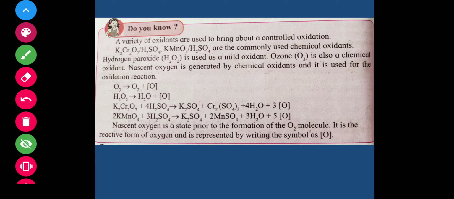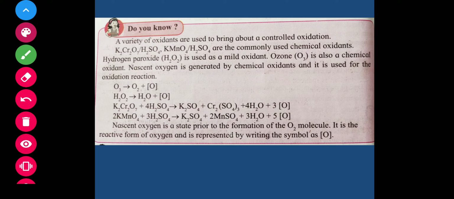See children, O3 gives O2 plus O, H2O2 gives H2O plus O, potassium dichromate also gives nascent oxygen, and potassium permanganate also gives nascent oxygen.